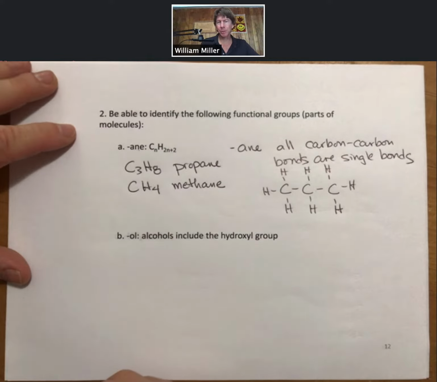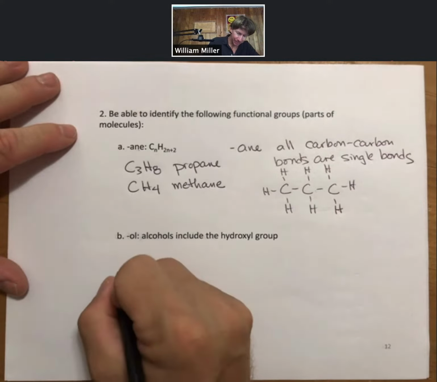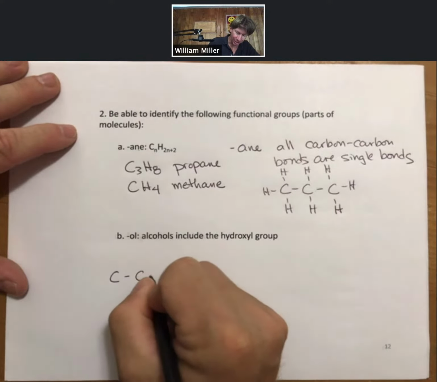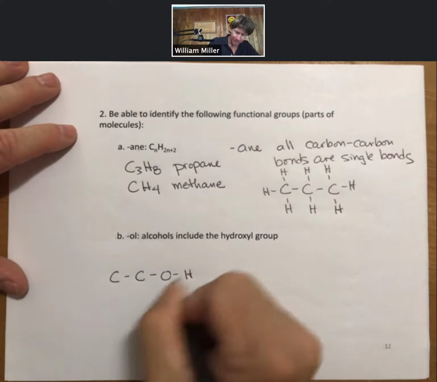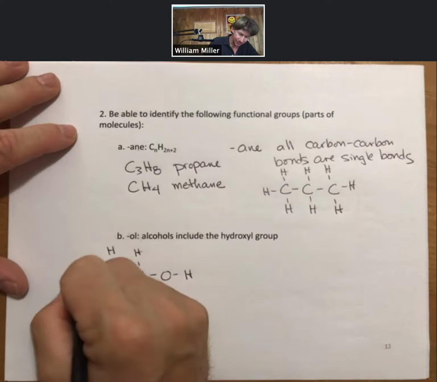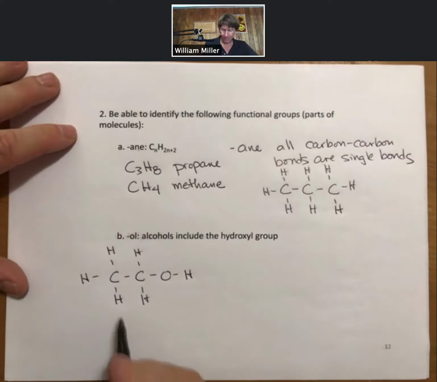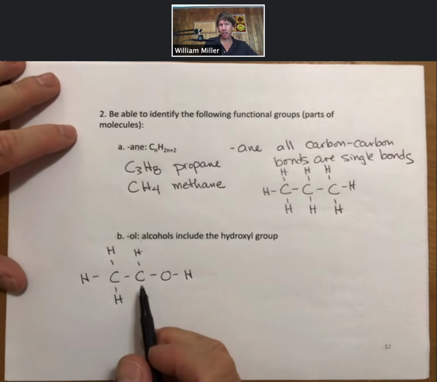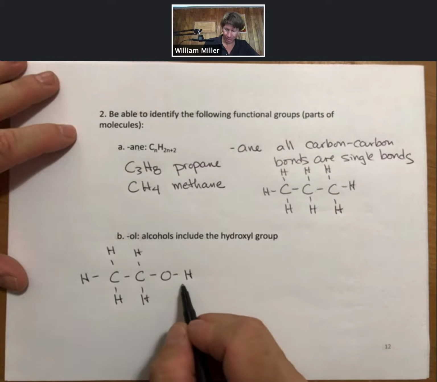The second functional group it'll be useful to know are the alcohols. Alcohols include the hydroxyl group, an alcohol group in ethanol. Ethanol being the alcohol in beer, wine, and other alcoholic beverages. Eth will mean 2 carbons, OH.